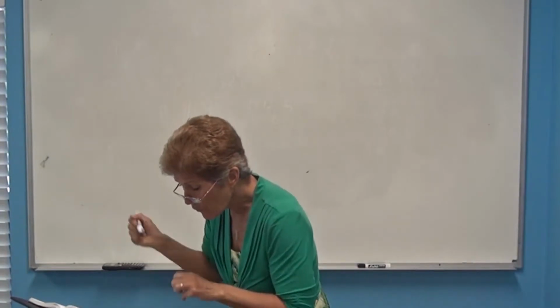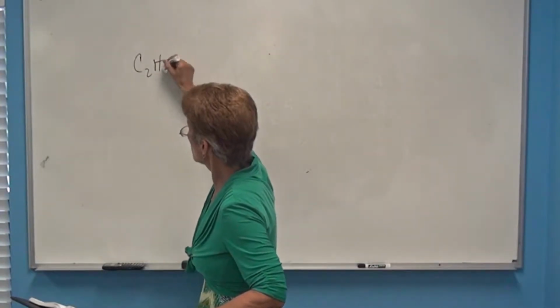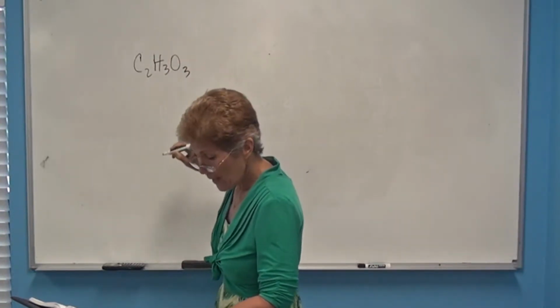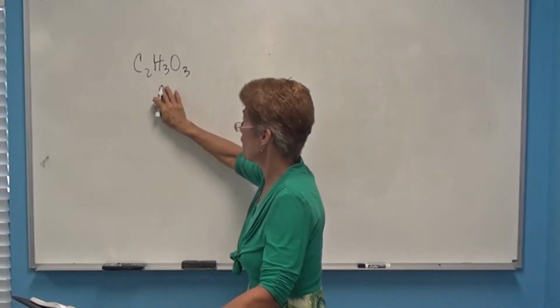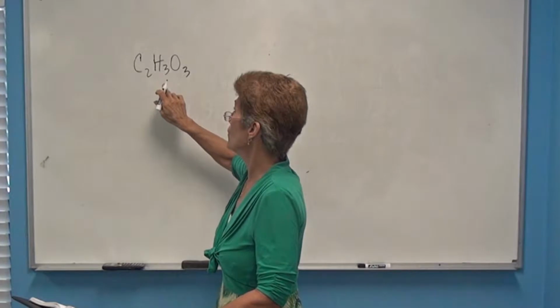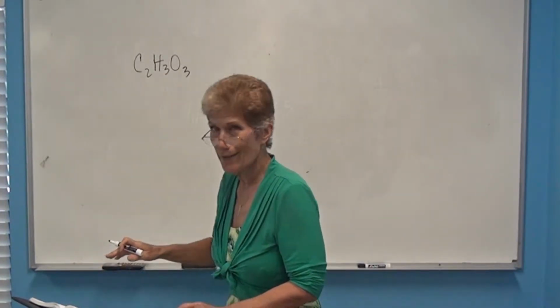Okay, so we have the empirical formula as C2H3O3. And so let's figure out what this mass is. So you'd go 2 times 12.00, is it 0.00 or 0.01? I think it's 0.01.